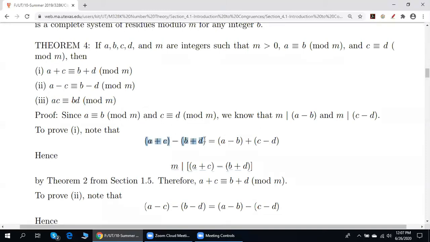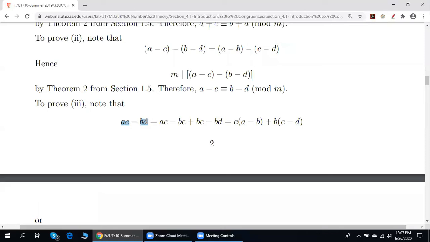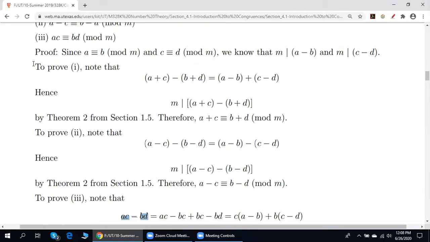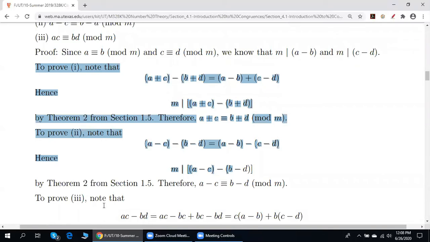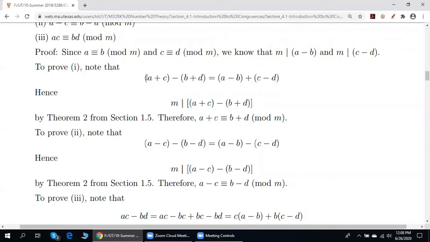It's exactly what happened here, a left minus right over here, a left minus right over here, left minus right over here. However, there is a fundamental difference between these two parts and the last part. Over here, in order to jump from this to this, we just expand parentheses and reshuffle. Same is here.